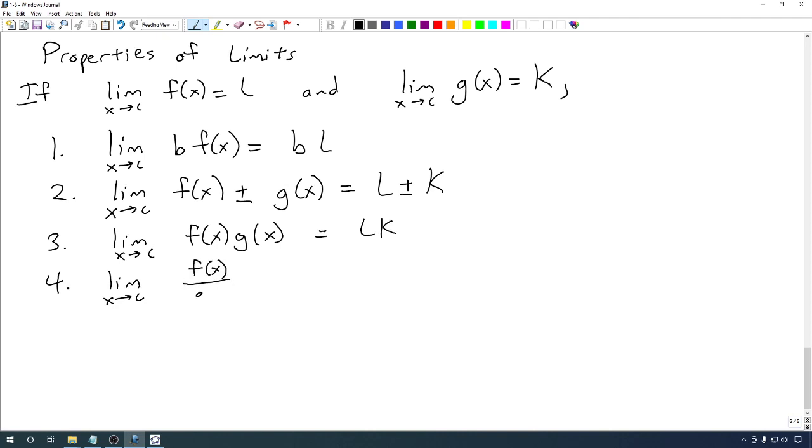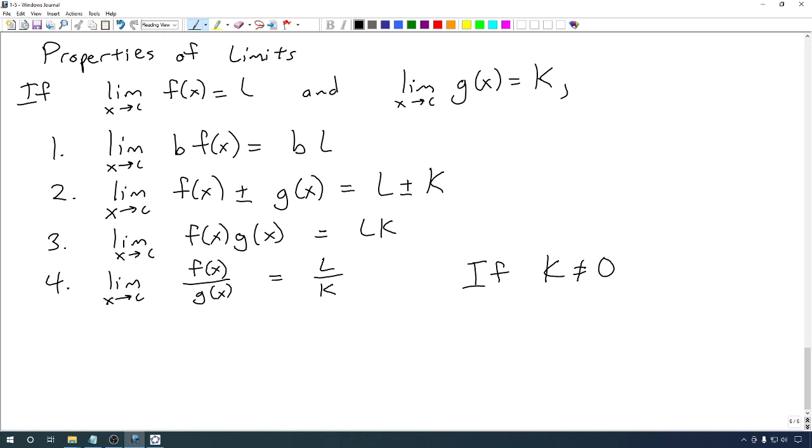We also talked about division. If I divide f of x and g of x, then we're going to just go to the quotient, L over K. As long as K here is not 0. If K does equal 0, we can't use that.